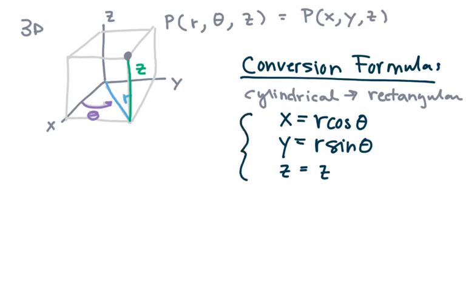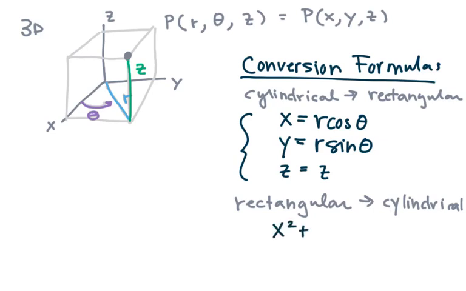So we have that set there. And then from rectangular back to cylindrical, we can write these a little differently. We tend to use x squared plus y squared equals r squared, which we already know. Tangent theta equals y over x, and then also again, z equals z.